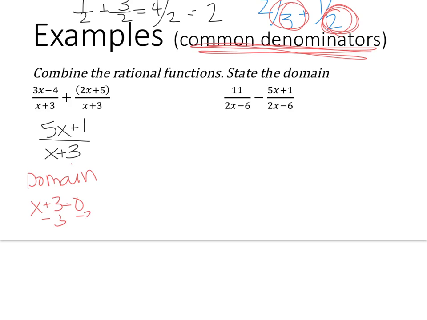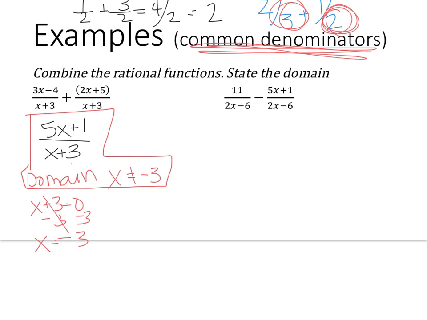So when I solve for x, this tells me that the value -3 would make this rational function unusable. 5x plus 1 over x plus 3 won't simplify down at all, so this is my final answer.